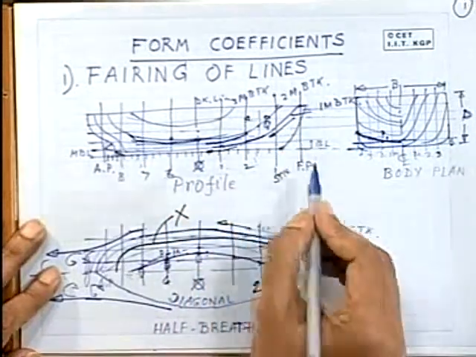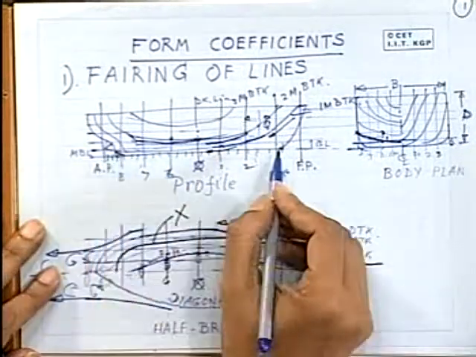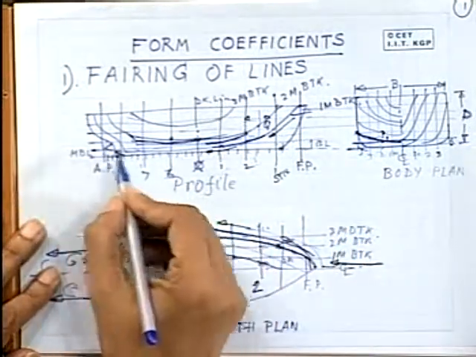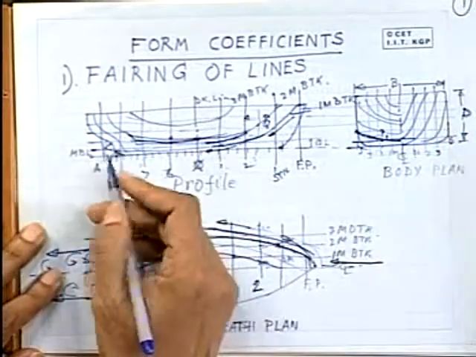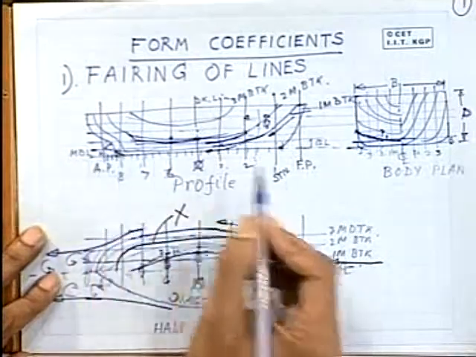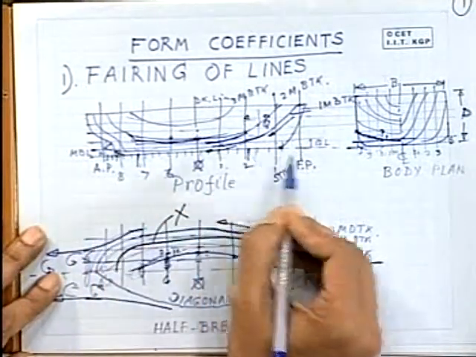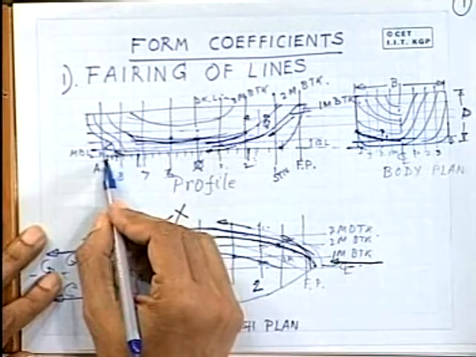You just open any lines plan and you will find small letters for the frames, and frame spacing normally, in the British system, starts from the after perpendicular. The AP is your 0th frame, and you will find some arrows given and some distances marked.